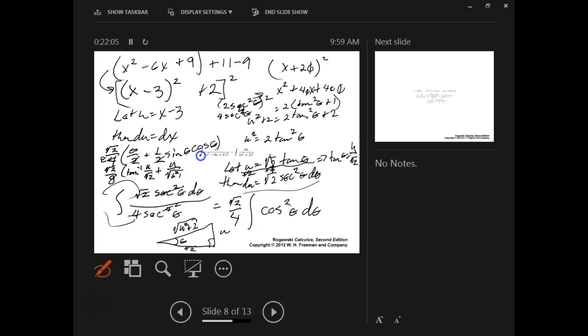Right? And what's cosine theta going to be? Okay, square root of 2 over the square root of u squared plus 2, right? Do I have it right? All right.